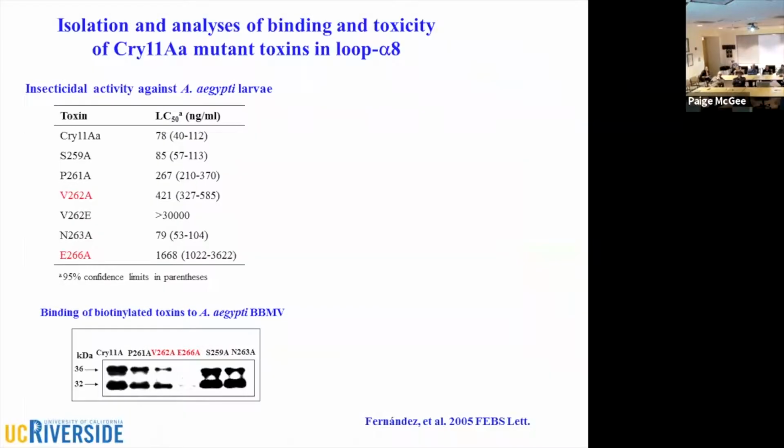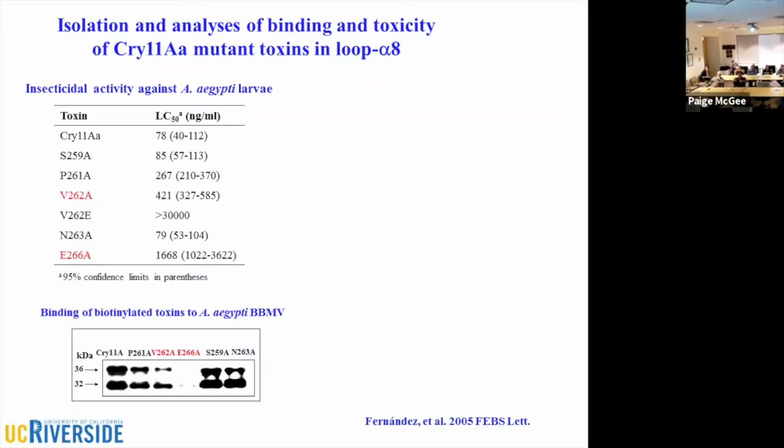Now, once you have done that, and that's what we did, we can then go further and try to identify specific amino acids in that particular domain which are involved in binding. So that domain has about 6 or 7 amino acids, and we mutated each of the amino acids, replaced them with alanine, and then determined whether it can still bind.